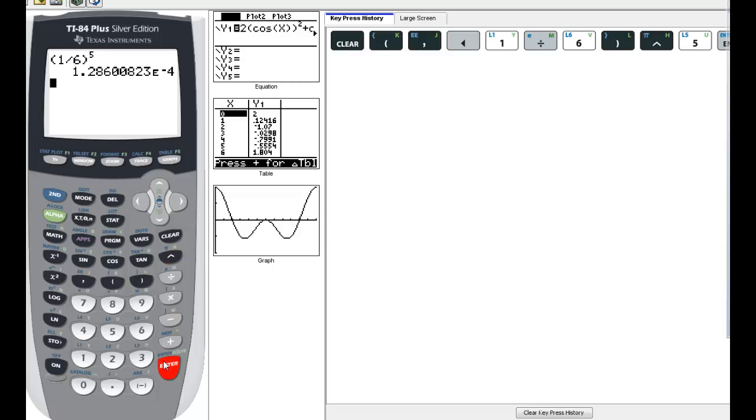All right, it's in scientific notation. Let's see what happens if it'll give it to me. Why would mine do that? I don't know. See? Okay, yours didn't do it.